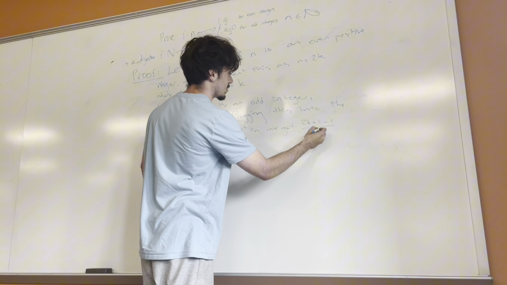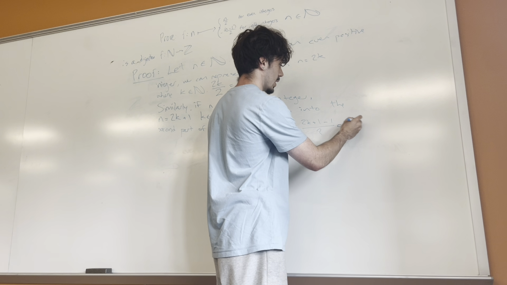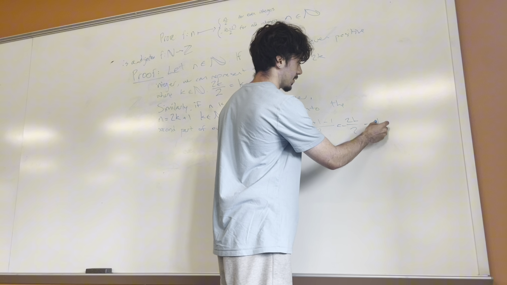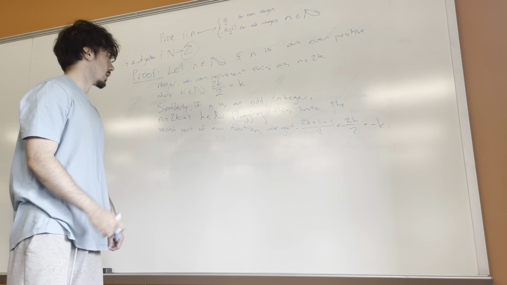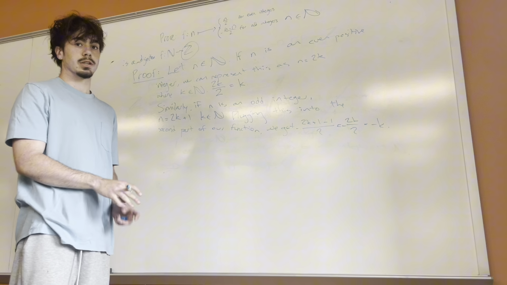And as you can see here, the 1's are going to cancel out. You're just going to be left with 2k over 2 with the negative sign in front. The 2's cancel out, leaving negative k. And as you can see, now we have accounted for all the negative integers in Z by considering all the odd integers in N.